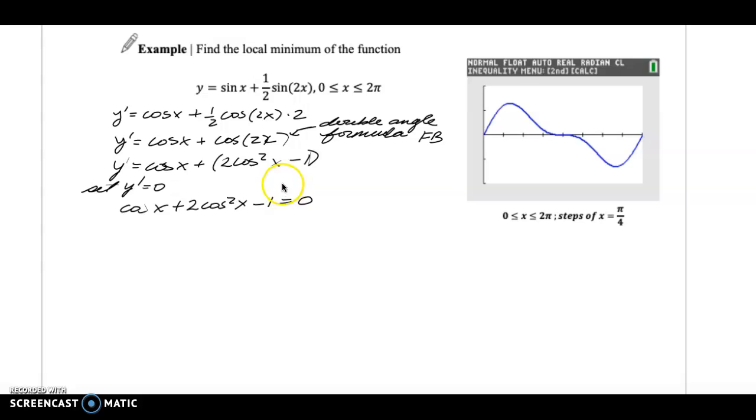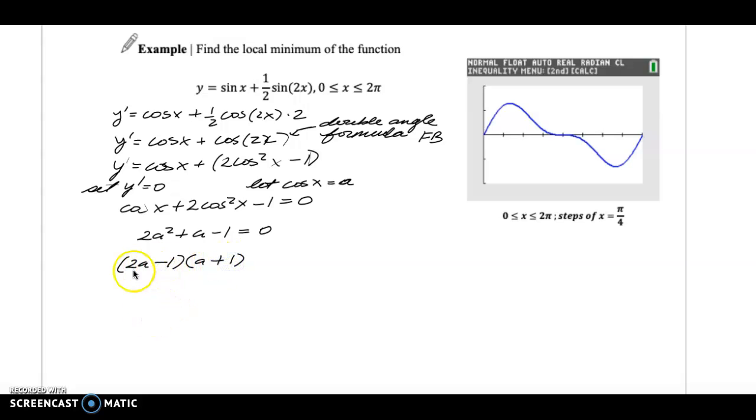Just think of let cos x equal a, right? So if we do that, you then have 2a squared plus a minus 1. I can easily factor that. So that's just 2a. This will be minus 1 plus 1.